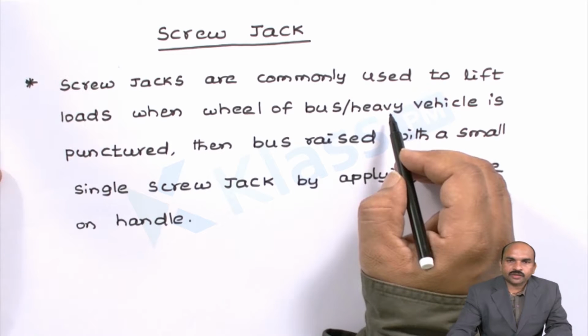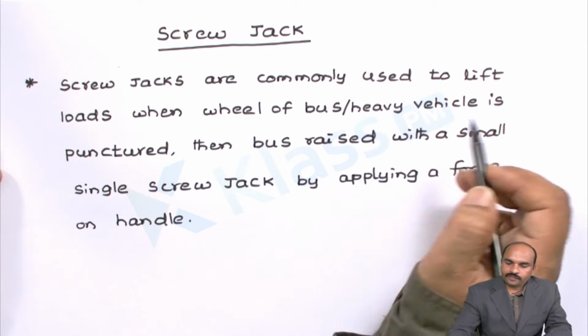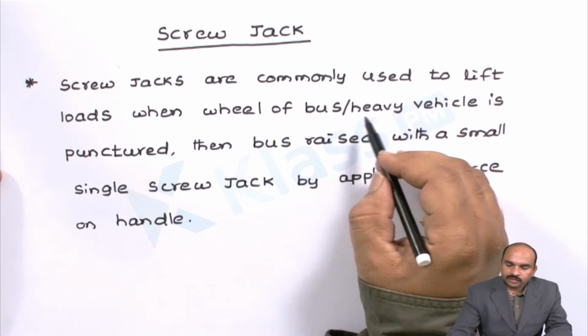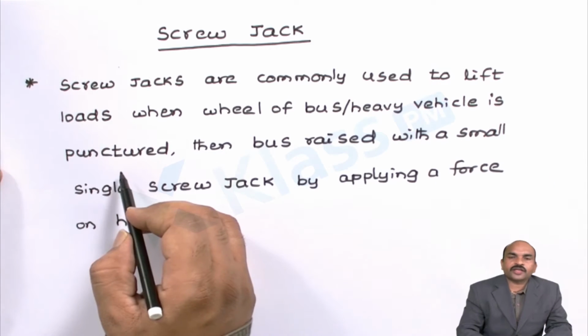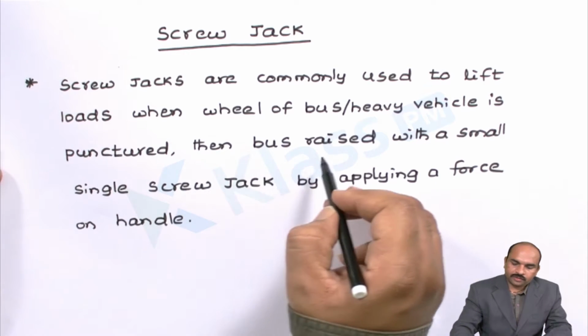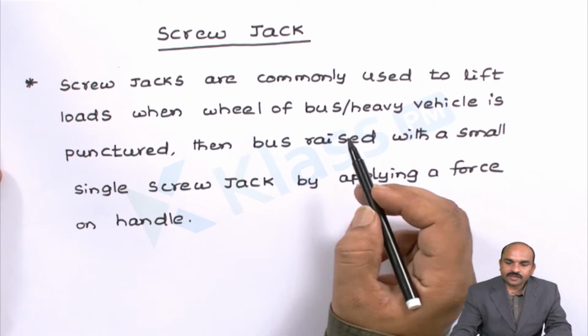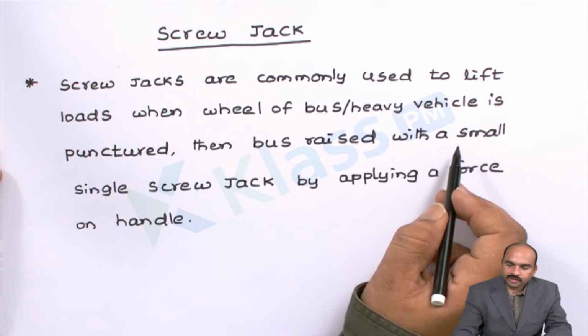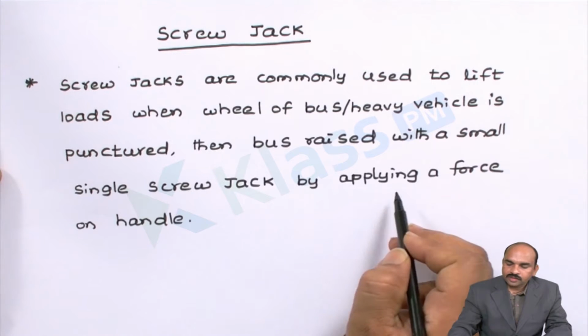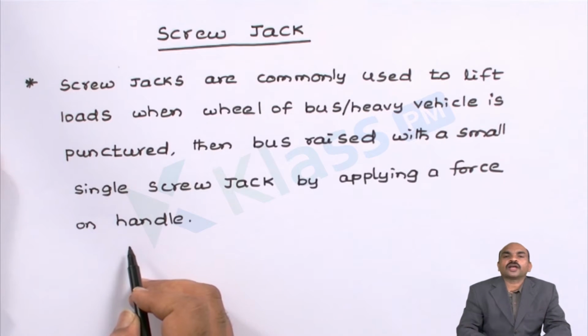If you want to lift them, we use a screw jack. When vehicles are punctured, we have to raise the vehicle with a screw jack by applying a force on the handle.